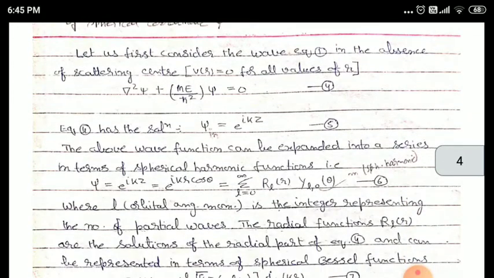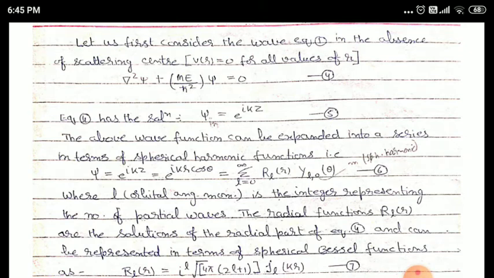Now let us first consider the wave equation 1 in the absence of scattering center. And in the absence of scattering center, we can consider V(r) is equal to 0, because if scattering center is not there, there will be no interaction between the neutrons and proton. So we can assume V(r) is equal to 0.